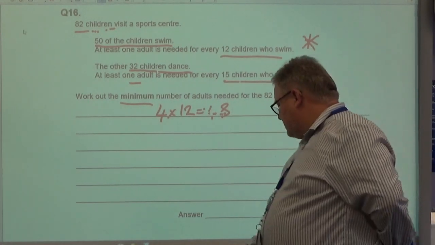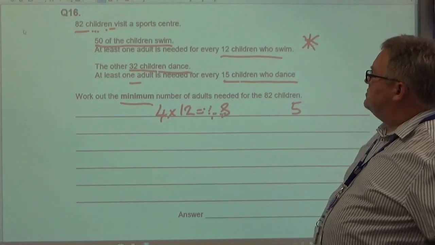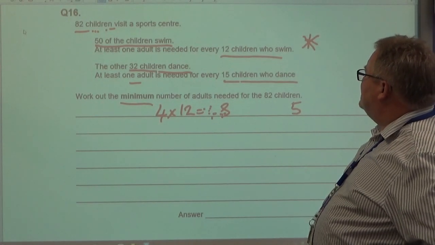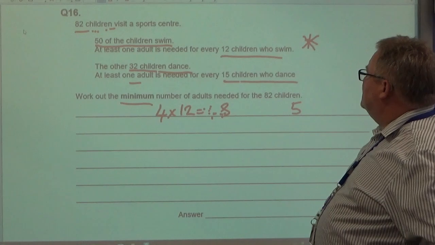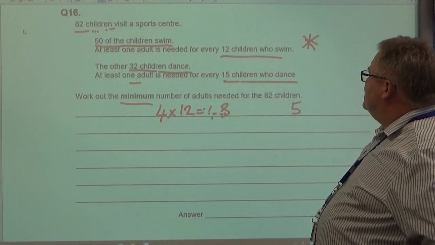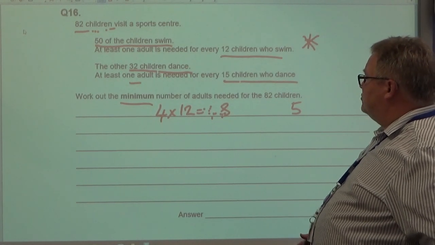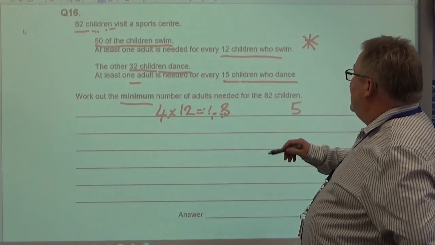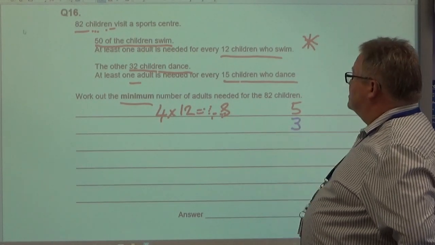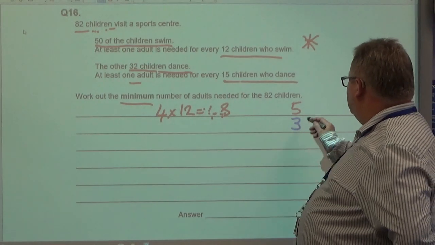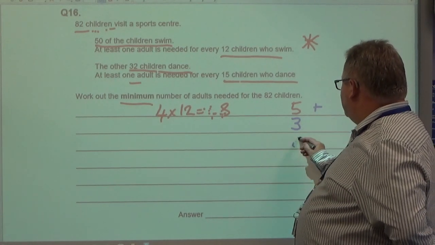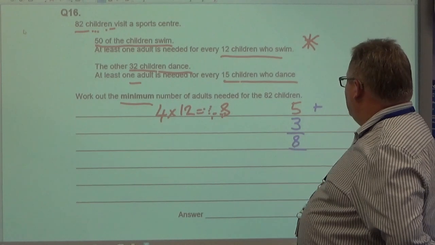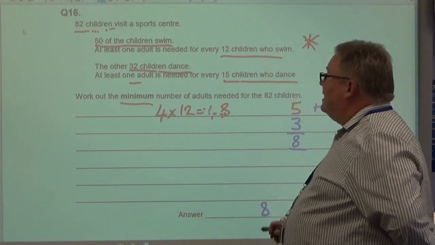And then the second bit, 32 children dance. At least 1 adult is needed for 15 children. So we'd need 2 adults for 30 children, so we're going to need 3 adults, because 2 won't be enough. Basically, it's a nice addition. Add those together, and that's our answer.